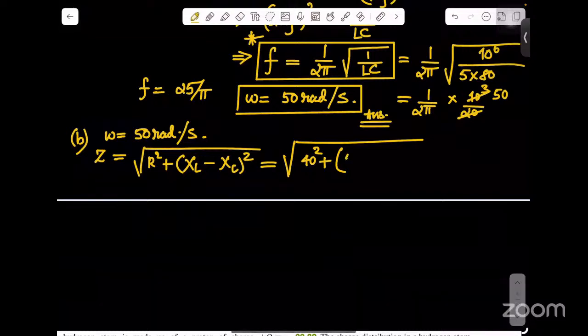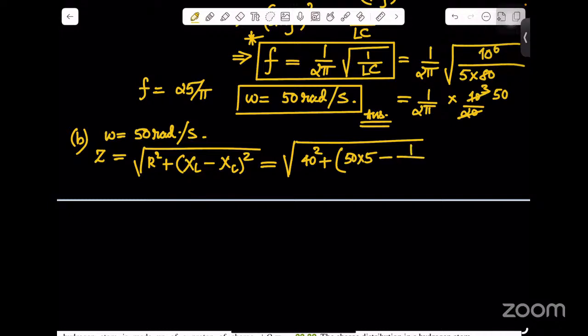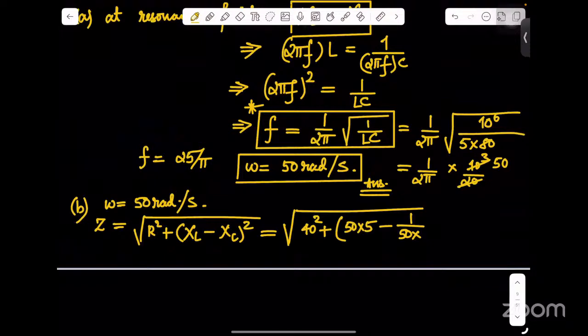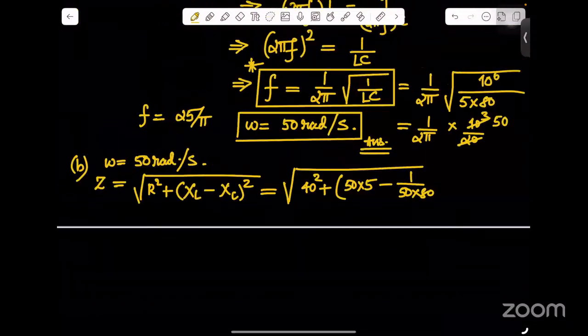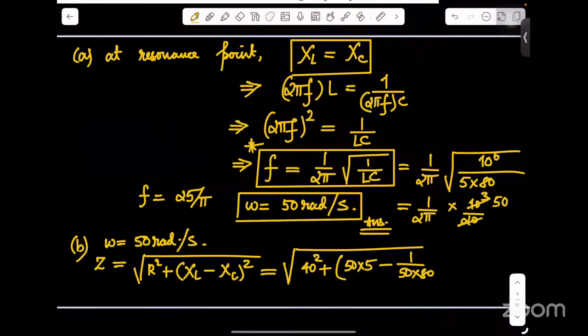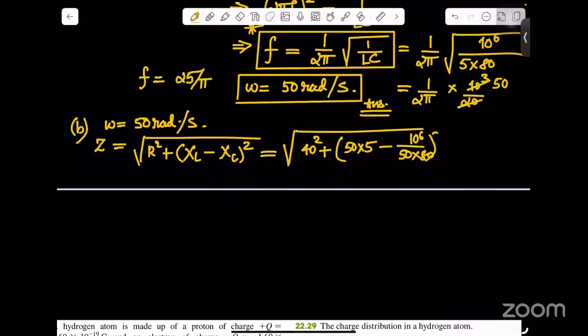Omega is 50 into 5, minus 1 upon 50 into 80 microfarads, 80 into 10 raised to minus 6, whole squared.